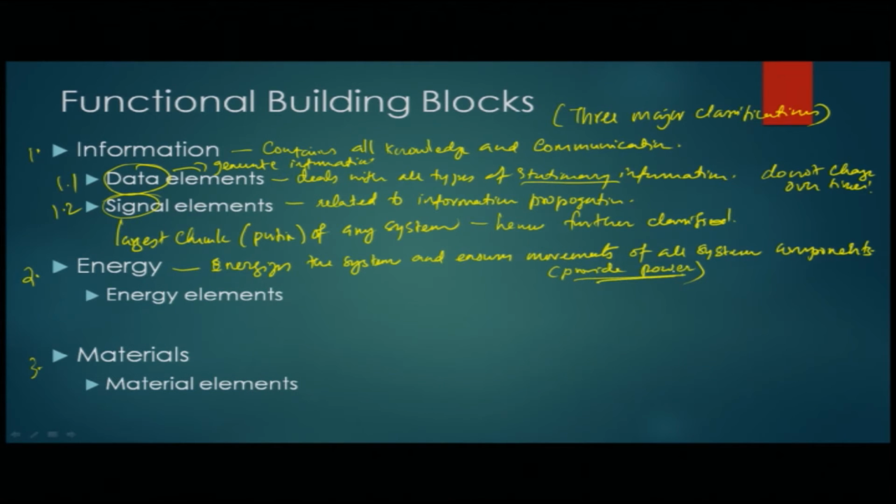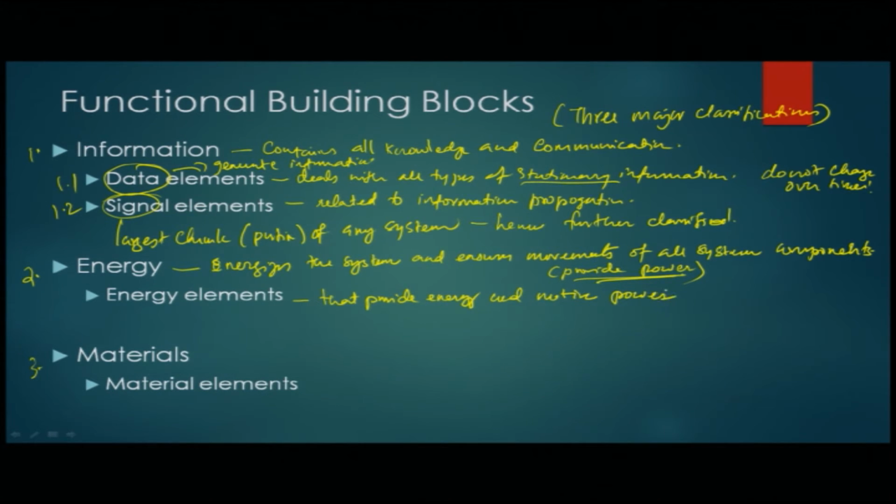Some people say that energy is the one that actually provides the power for the system to do the work, or the capability to do the work. So the energy elements are the ones that provide energy and motive power.